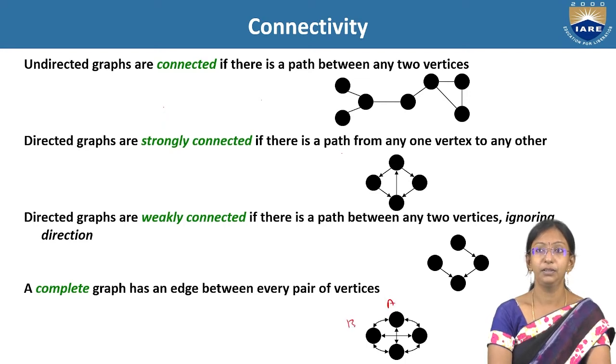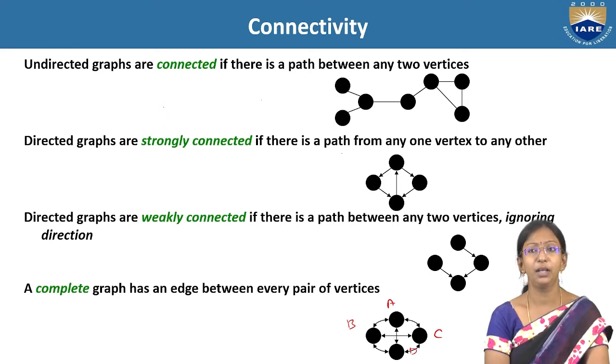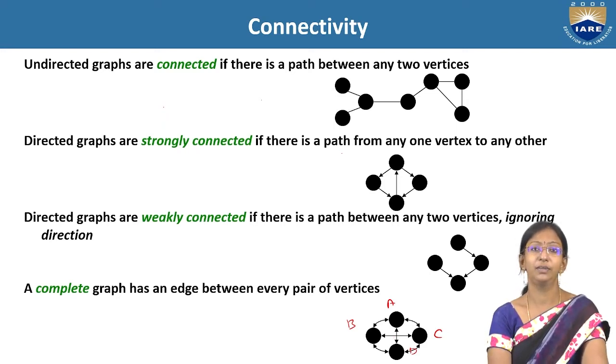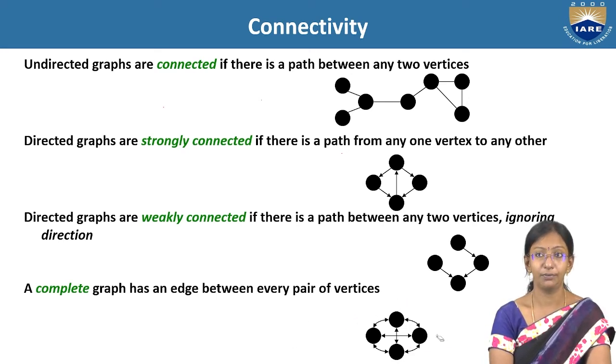A, B, C, D. Between every two vertices, you have an edge. You have edges between A and B and B and A, A and C and C and A, A and D and D and A, and this is for all. Such a graph is known as a complete directed graph.